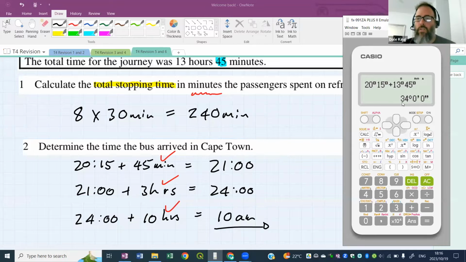What you'd have to do with this answer is remove the 24 hours out of that. It goes from 2015 up to 24, and then you have to start again. So in the answer here, which is 34, take 24 out and then start again. If you take 24 out, you're left with 10, so it should take you to 10 o'clock. So be careful using the calculator. You'd have to know that there's 24 hours, so you have to take 24 out and then start again, and you've got 10 left.